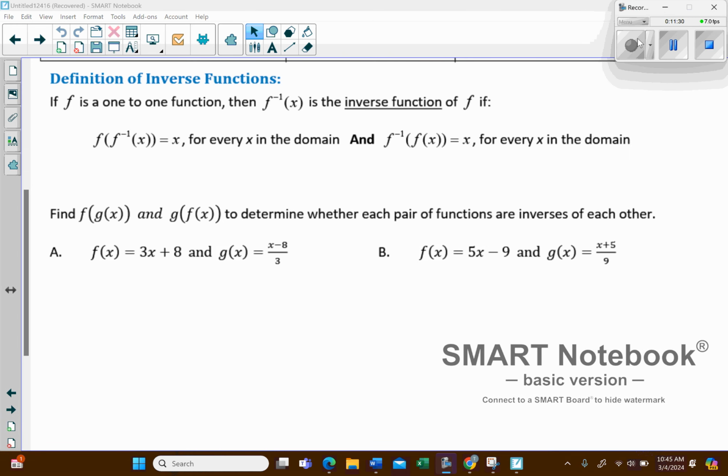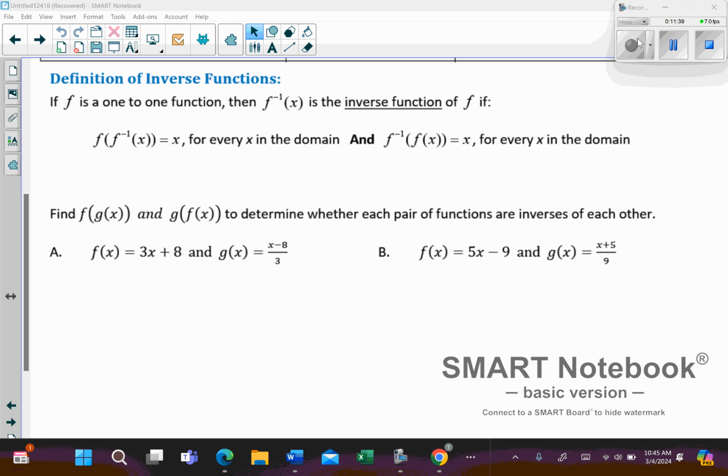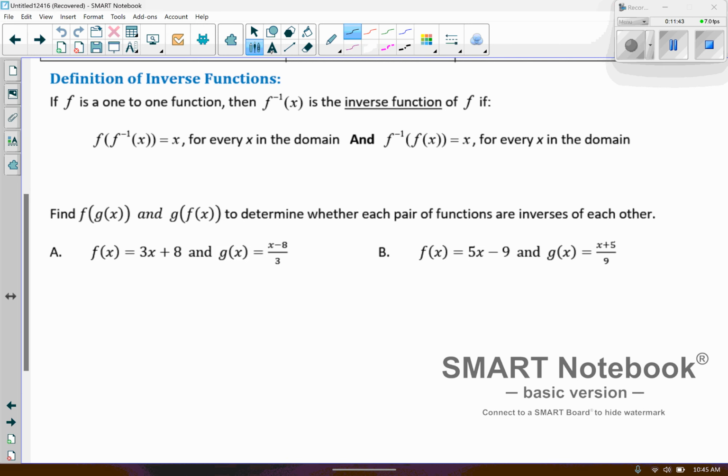So here's a more formal definition. If f is a one-to-one function, then f inverse is the inverse if, and we should be familiar with this notation from our last section, we plug x into the inverse function, which will just give us the inverse function, whatever it's defined as.